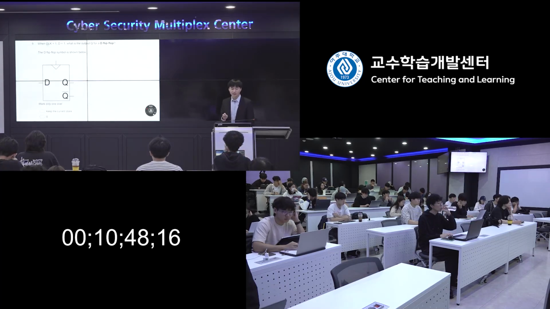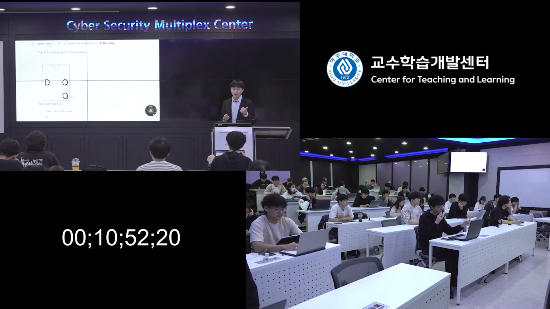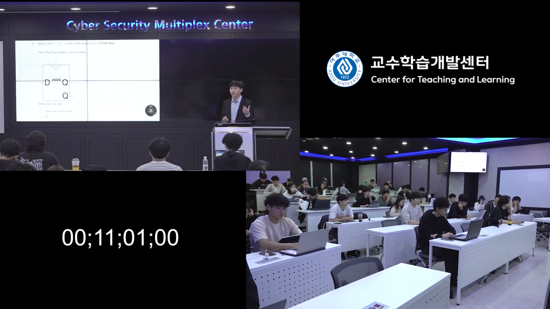So based on this, come back to this question. The question is asking you, the clock is 1, D is 1. What is the output Q? But the function of D flip-flop is that we only check the rising edge or falling edge, rising edge, right, in our lecture. But the problem didn't say there's a rising edge. It just says that clock equals 1.